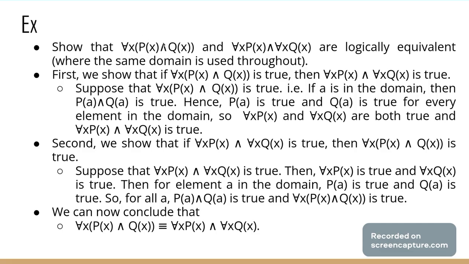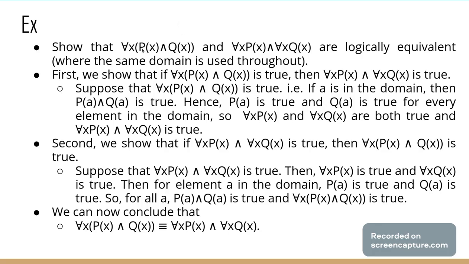If an AND statement should be true, then P(x) should be true and Q(x) should be true for all the x values. So if I have a value a, and P(a) and Q(a) should be true, then P(a) should be true and Q(a) should be true, because 1 and 1 is equal to 1. Remember the truth table of AND.